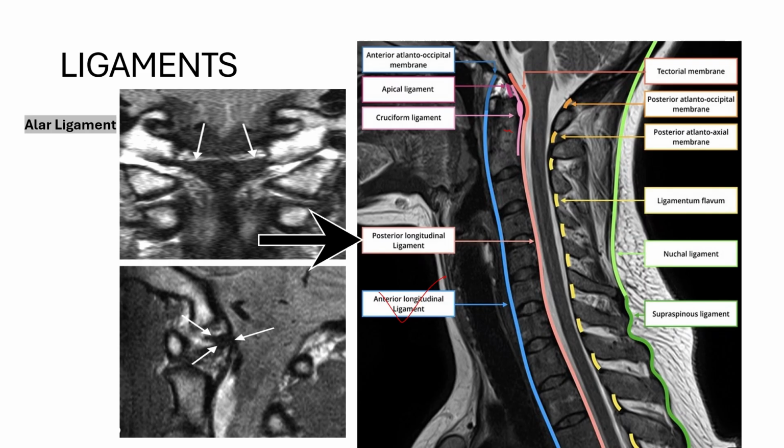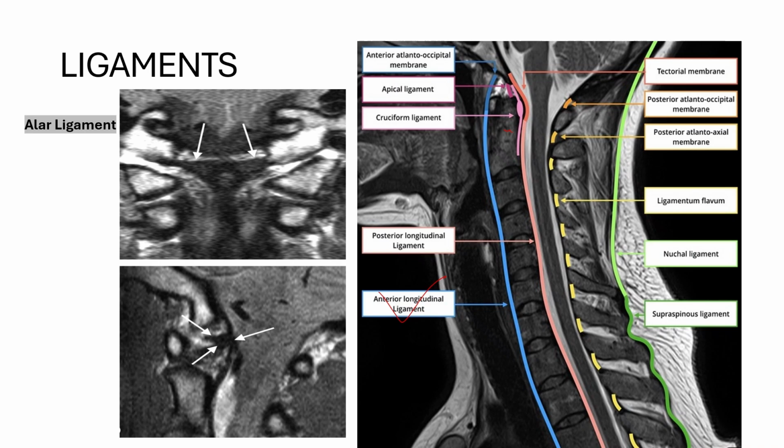Another one is the posterior longitudinal ligament. This also courses along the whole length of the spine on the posterior surface of the vertebral body. Superiorly it forms the tectorial membrane at the foramen magnum, attaching the clivus or skull base to the posterior longitudinal ligament, and it is a craniovertebral joint stabilizer.